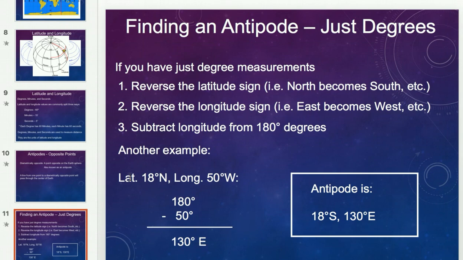So, if you were to stick a rod through the globe at 18 degrees north and longitude 50 degrees west, it's always going to show up at 18 degrees south. It's a lot easier if you can find a globe and think about that.